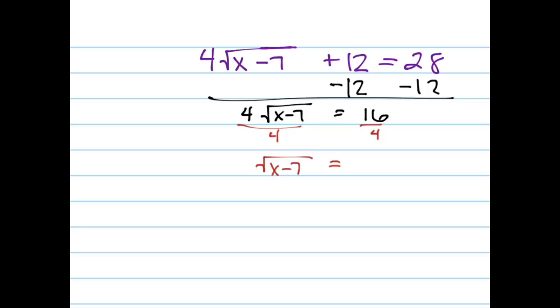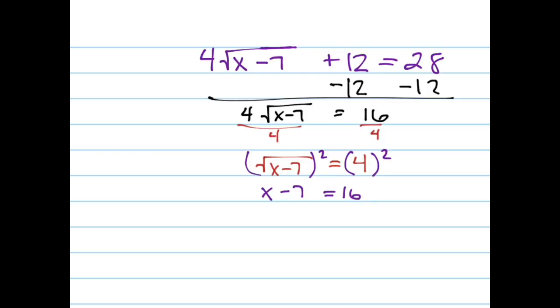See, when they can't actually see you on the YouTube video, I gotta give the play-by-play. Next step, Spence. How am I gonna get rid of that radical? Square both sides. Leaves me with x minus 7 equals 16.